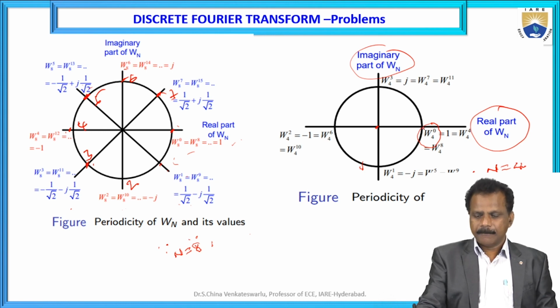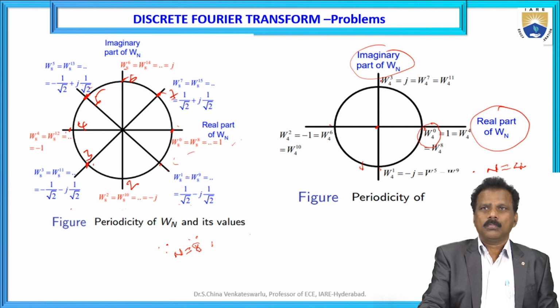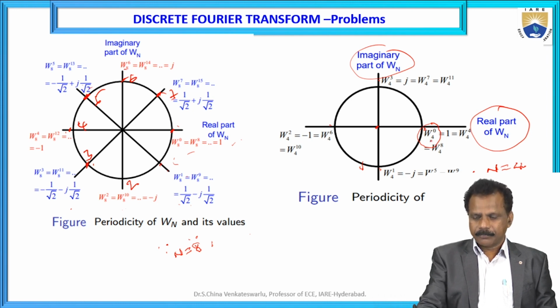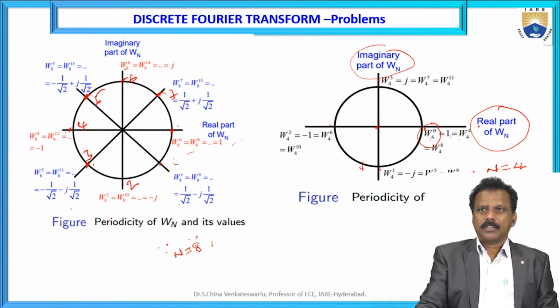But in this case it is 0, 1, 2, 3. Maximum, we will try to verify that. Here N is 4, W4^0 is equal to 1, W4^4 and W4^8, all are the same.